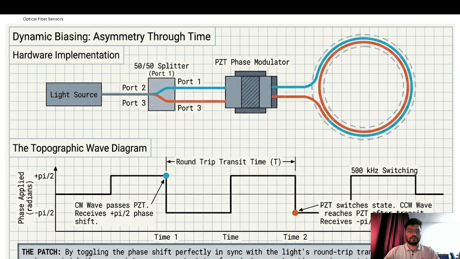In this model, there is a light source, then port 1 and port 2, and port 1 and port 3 are connected with the PZT phase modulator.